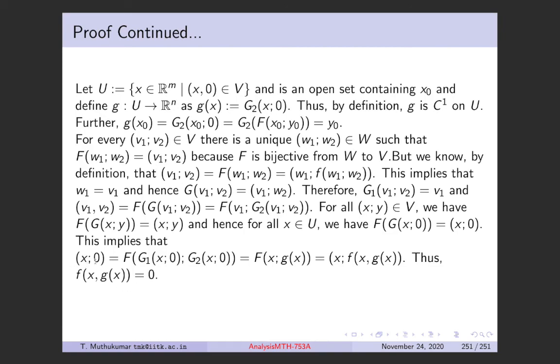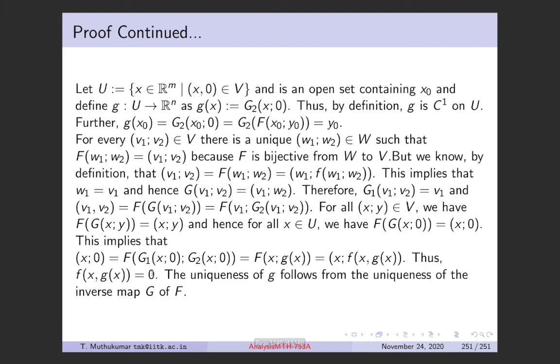Because we started with (x, 0), and we have obtained (x, f(x, g(x))), which means the second component here is 0 for all x in U. So for all x in U, f(x, g(x)) is 0. So the uniqueness of g follows from the uniqueness of the inverse map G, okay, because g was defined in terms of G2, and so the uniqueness of g depends on the uniqueness of G2, but G2's uniqueness depends on the uniqueness of capital G, and that depends on the uniqueness of the inverse of capital F, which is all fine.